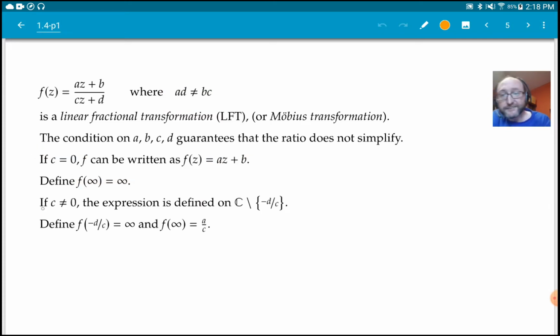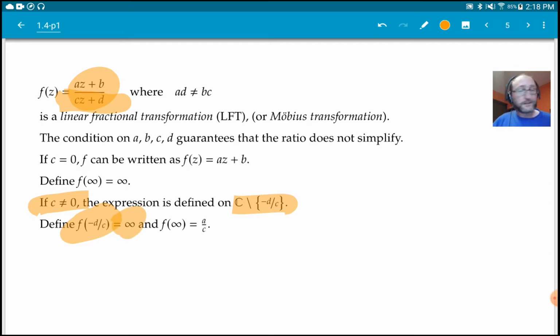On the other hand, if C is not 0, then this expression is defined, well, maybe not for all complex numbers. It's not defined when z is minus d over c, because that's when we'd be dividing by 0. But at this point we'd be getting something over 0, so as we said last time, that should just go to infinity, and we'll define it to be infinity at that point.